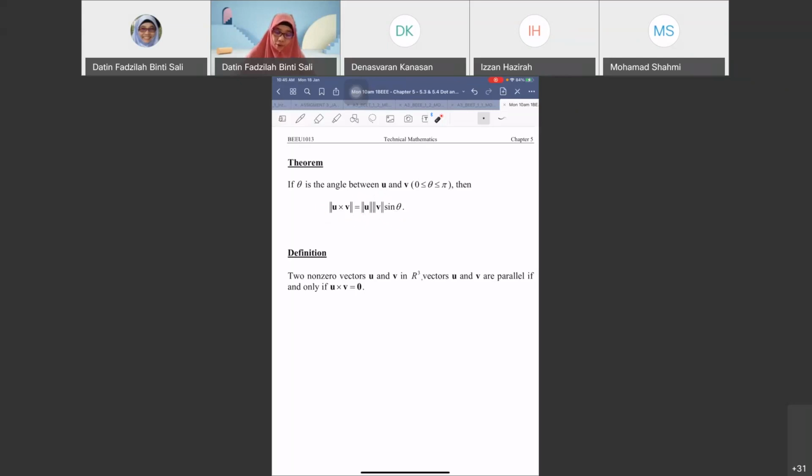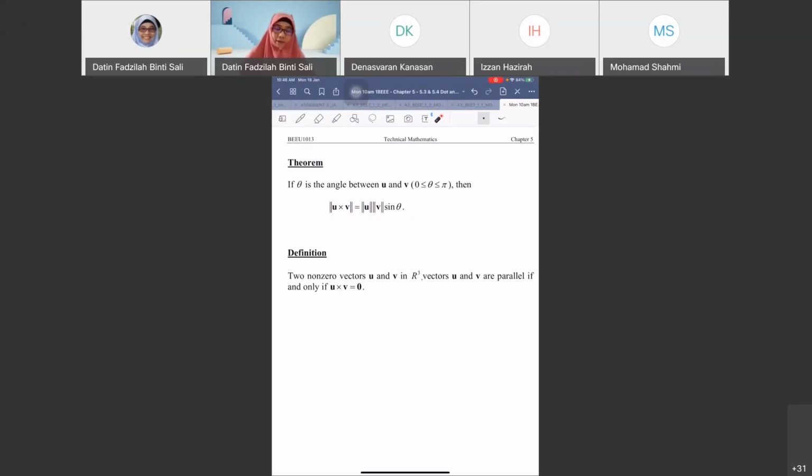When all these three pieces of information are given and the question asks for the magnitude of u cross v, then we can use this theorem. However, this type of question is not really that popular.